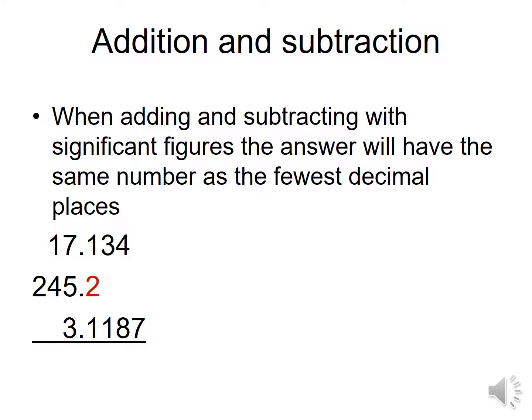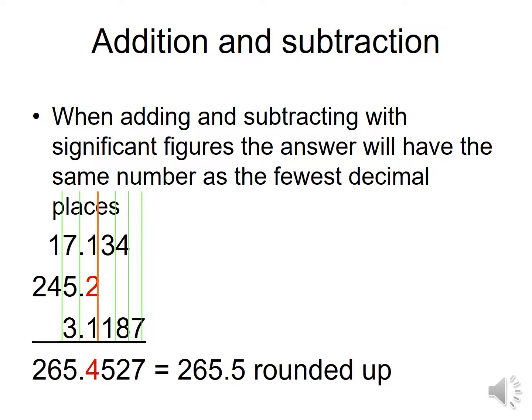So the 2 on 245.2 limits our significant figures in our answer to 1 decimal place. 265.4527 would round up to 265.5 when we record our final answer to this problem.